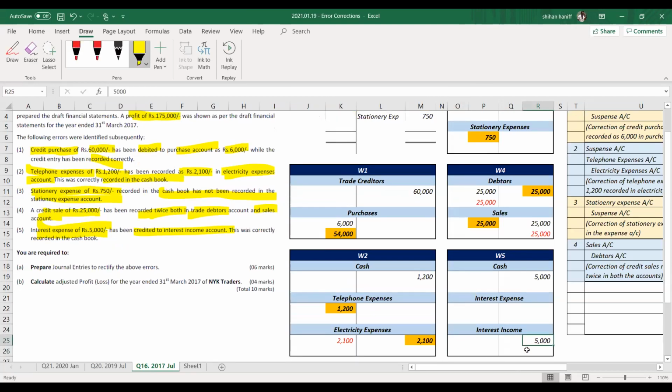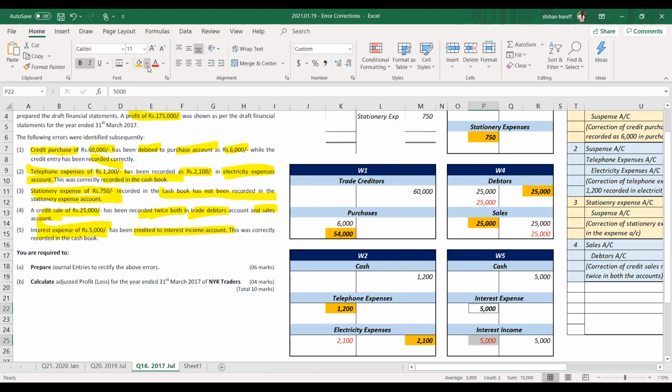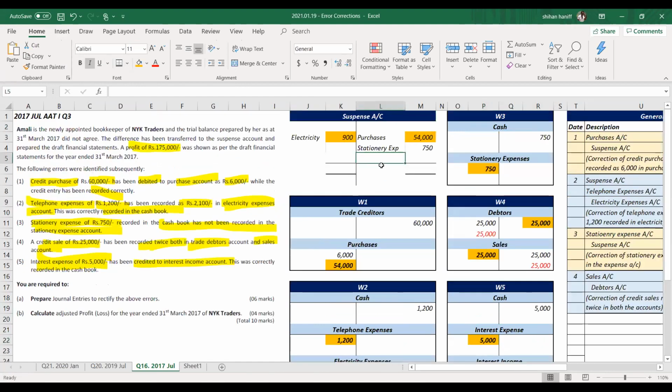This is wrong. So how do you correct this? Just remove from the interest income and record the correct entry in the interest expense. So total debited 10,000 and suspense account will be credited 10,000.